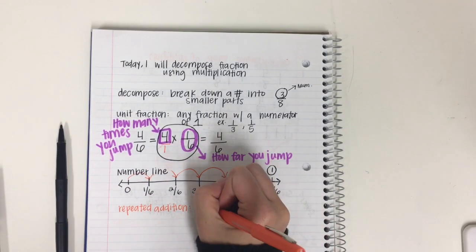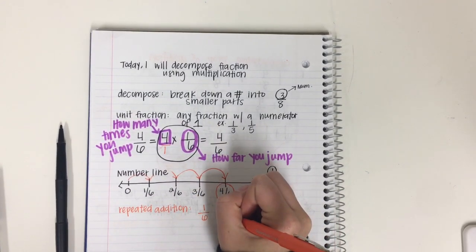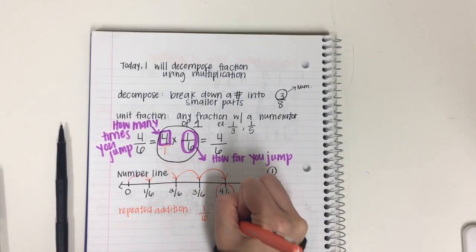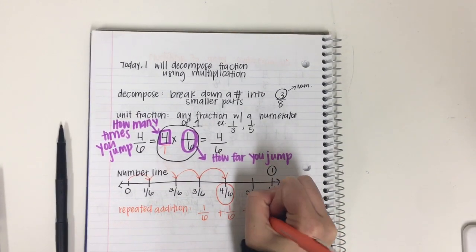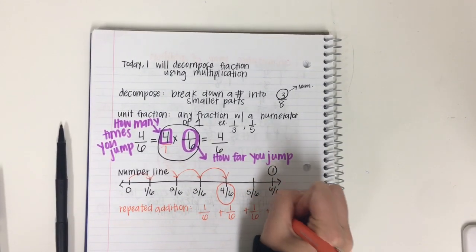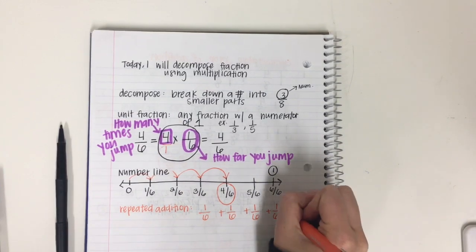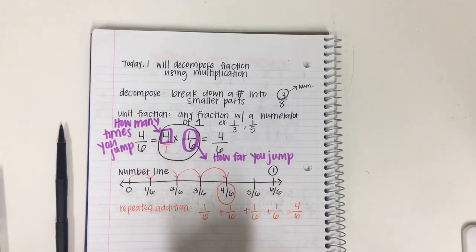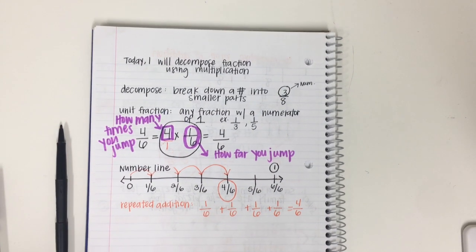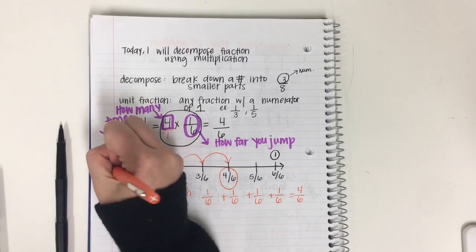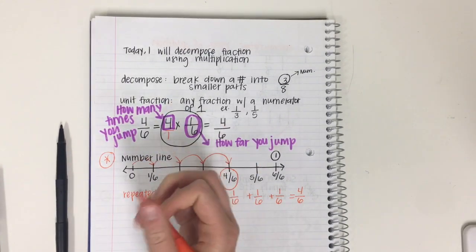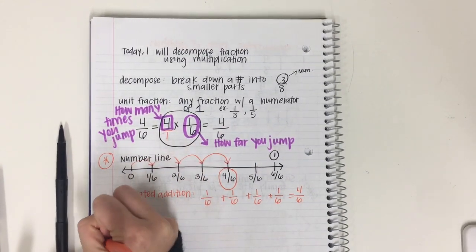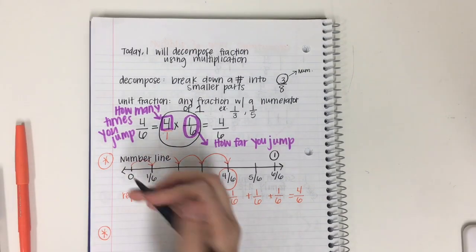So we could do 1/6 plus 1/6 plus 1/6 plus 1/6, and that would also give us 4/6. So your number line is pretty much like repeated addition, right? Okay, so you can do a number line, or you can do an area model. You need to know how to do both.